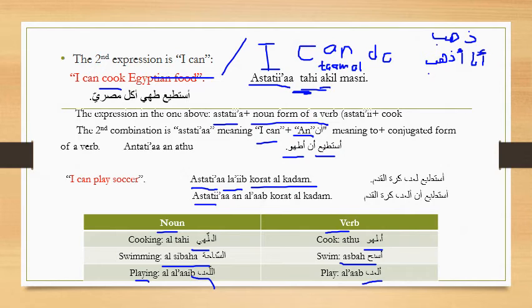Now, let's use the second one: أستطيع أن plus the conjugated form of the verb. أستطيع أن ألعب كرة القدم. So here you used أستطيع plus to plus the conjugated form. To is أن, and this is the conjugated form of a verb. So either you can say I can play soccer, أستطيع لعب كرة القدم, or أستطيع أن ألعب كرة القدم.